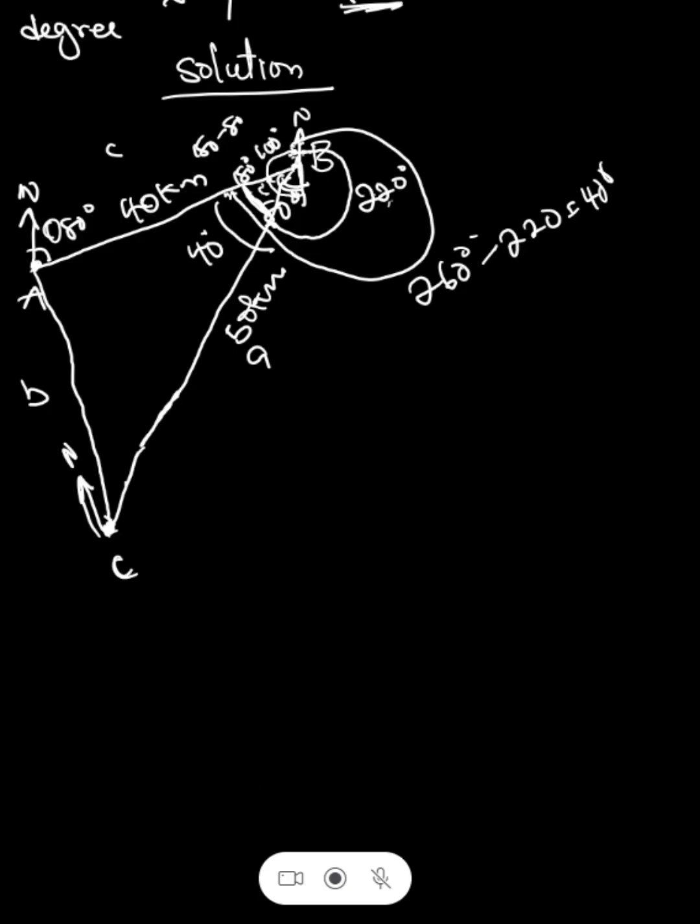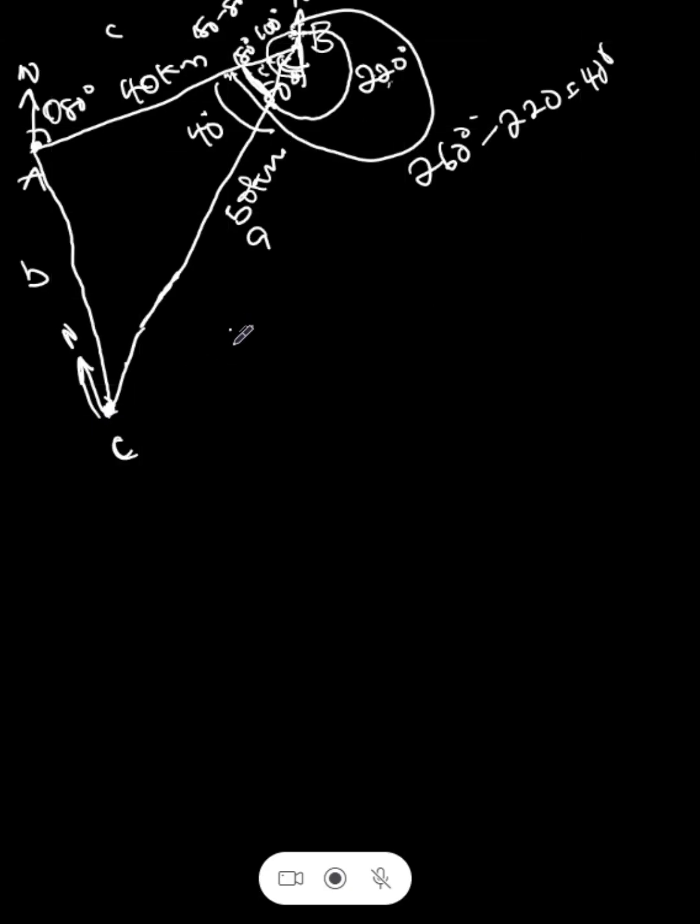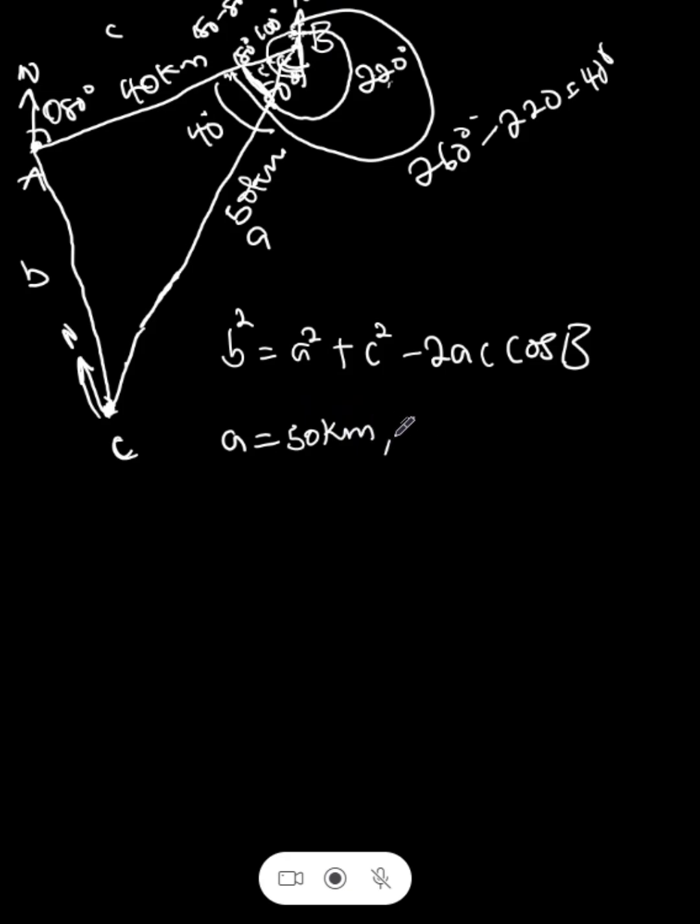Using the cosine rule, B squared equals A squared plus C squared minus 2AC cos B. Now, our A is 50 kilometers, and C is 40 kilometers, and angle B is equal to 40 degrees.